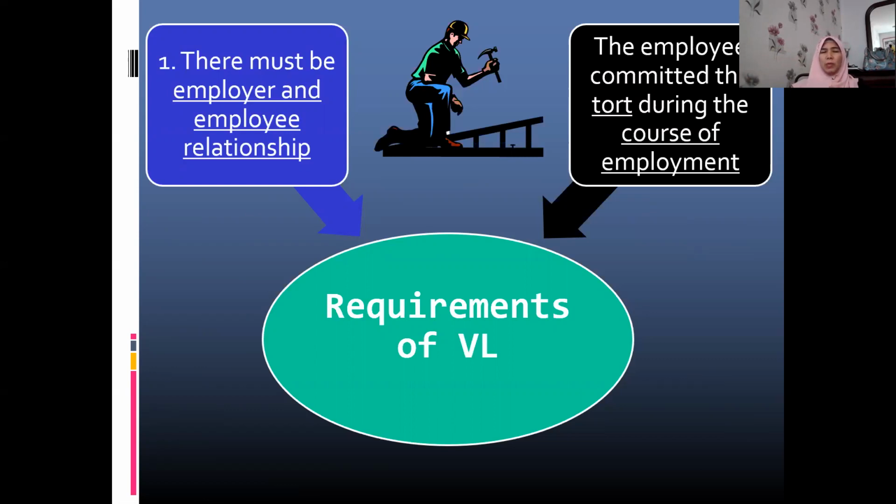Another requirement on top of the relationship of employer-employee is that the employee, the tortfeasor, committed the tort during the course of employment. Until and unless these two elements are fulfilled, vicarious liability cannot be established. Otherwise, B has to be made personally liable, personal liability rather than vicarious liability.